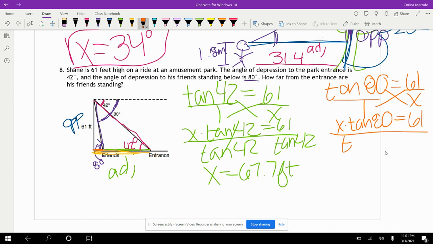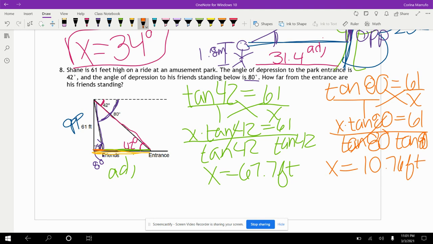We divide both sides by tangent of 80. This cancels, and I get x equals 61 divided by tangent of 80 this time. It gives me 10.76.